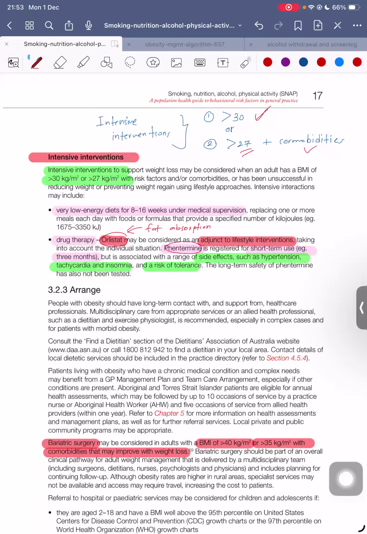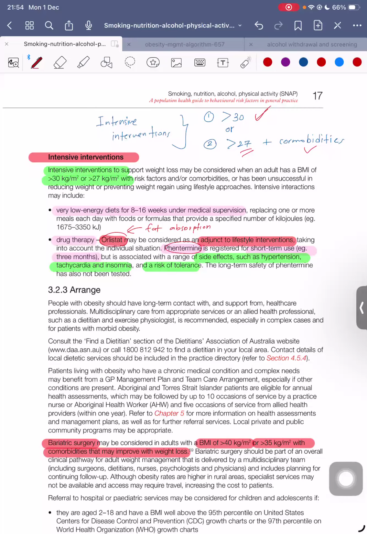So what is the category for the intensive interventions? Can someone tell? Who can tell? Okay, if the patient has BMI more than 30 or BMI 27 with comorbidities, for these patients we have to consider intensive interventions.